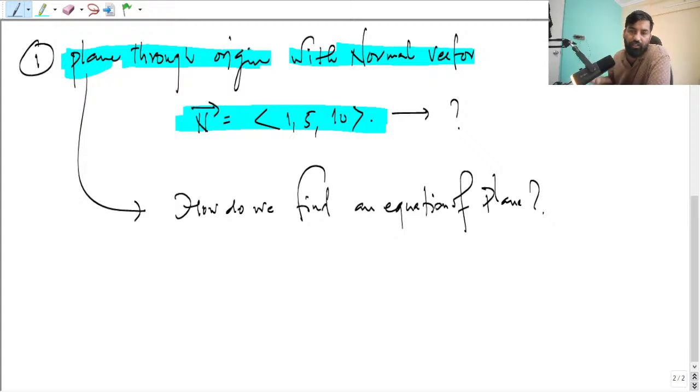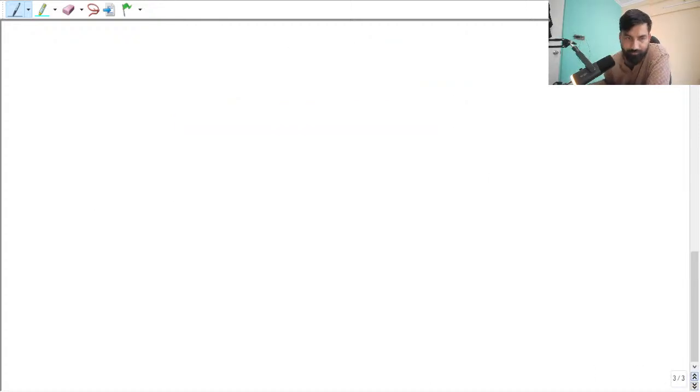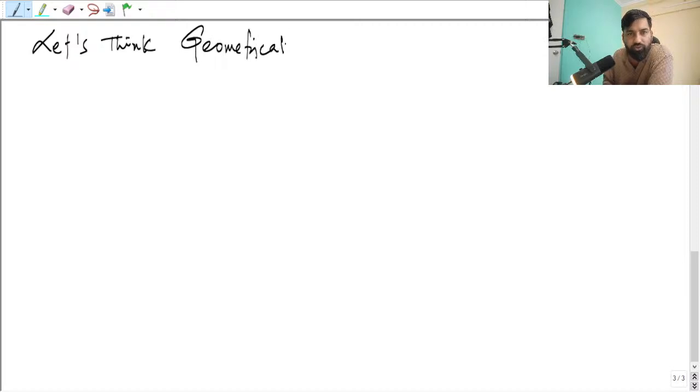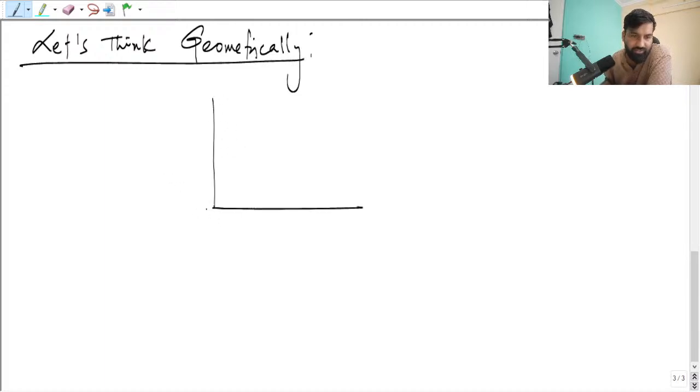We can get an equation by thinking geometrically, okay? I'm just going to think geometrically. To get the equation of a plane, let's say that this is a three-dimensional picture, x, and this is y, and this is z, right?